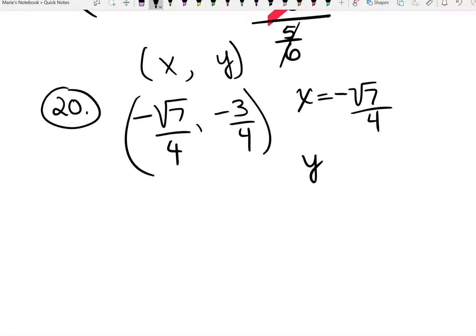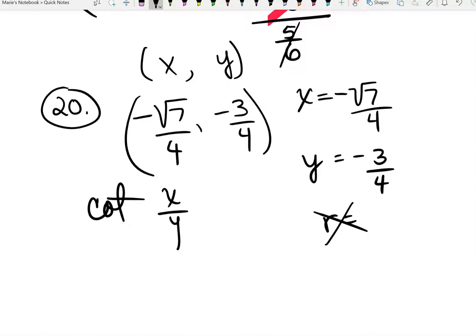We know y is equal to negative 3/4. And so if I have x and I have y, I need r in this case. They want the ratio of cotan, so technically we don't even need to bother with that, because cotan is simply x over y. If that is true, negative square root of 7/4 divided by negative 3/4.